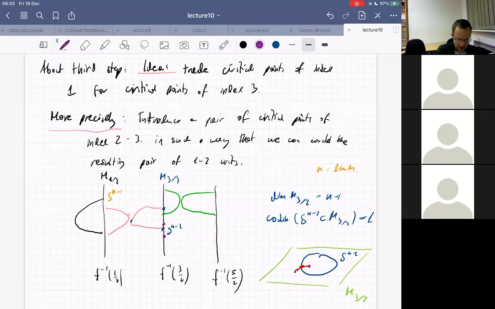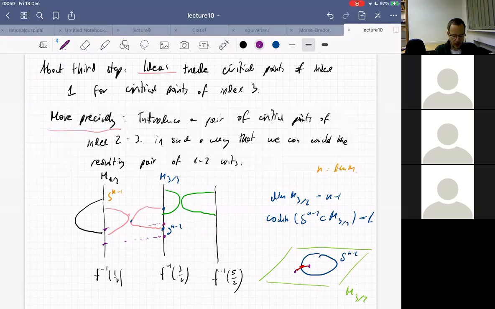We flow it. We have a Morse-Smale vector field, so we flow it by the vector field back to this level set.